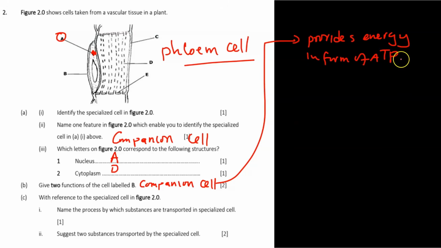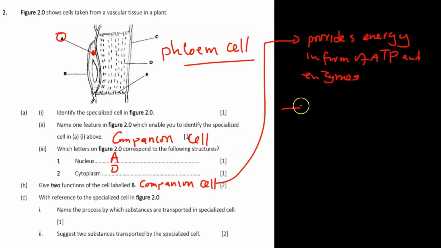What is ATP? It's a storage form of energy, adenosine triphosphate.